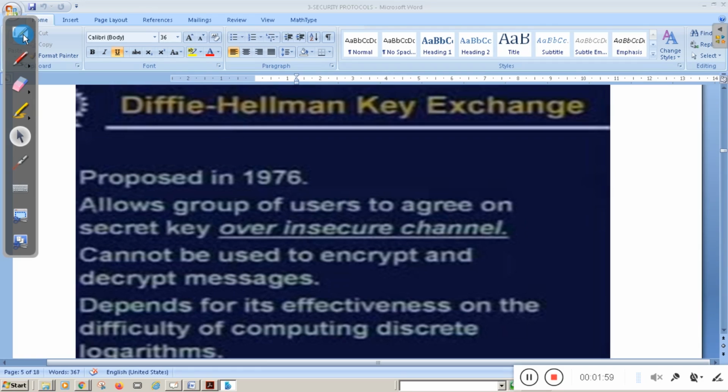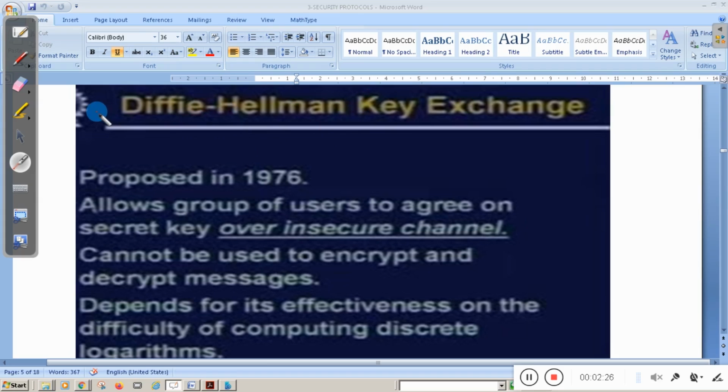The other technique is called the Diffie Hellman key exchange technique, where by doing some mathematical calculation both sender and receiver will share the key.